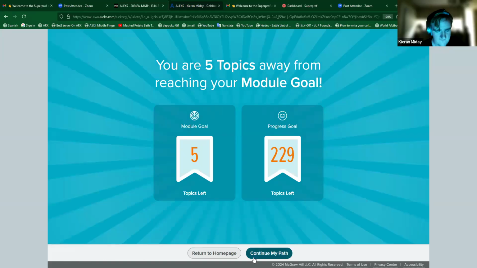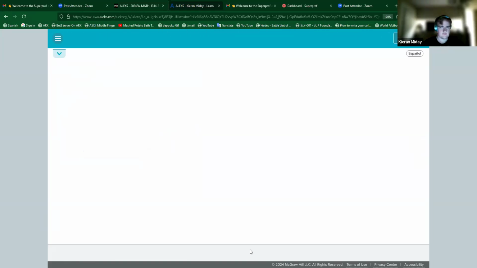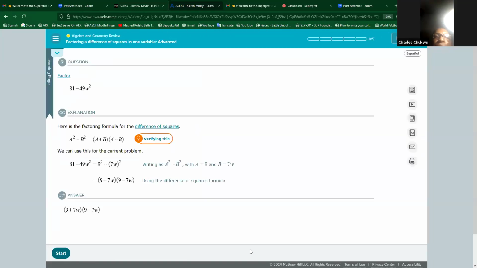A few more. Factoring a difference of squares with one variable, advanced. So for this one, can you see the rule there? It's very simple, right? A difference of two squares: each of them has squares on either side of the minus sign.